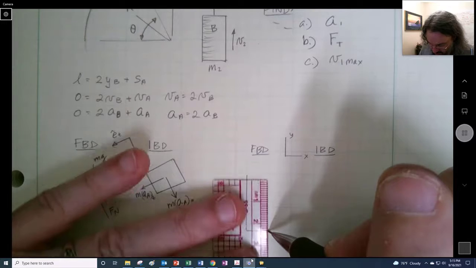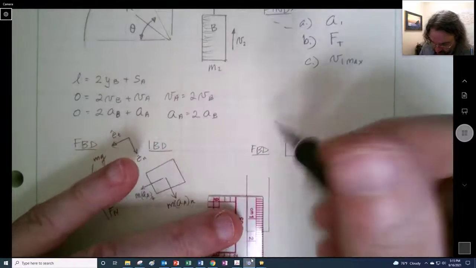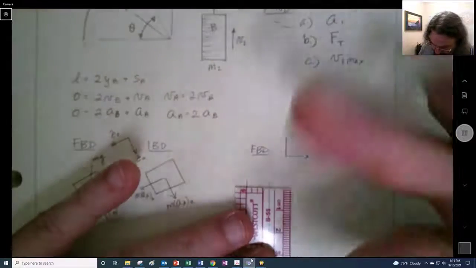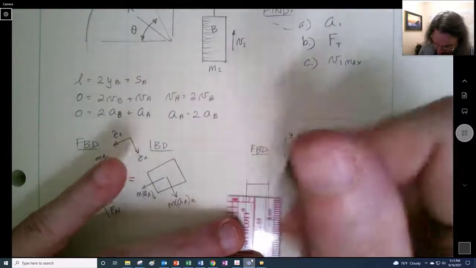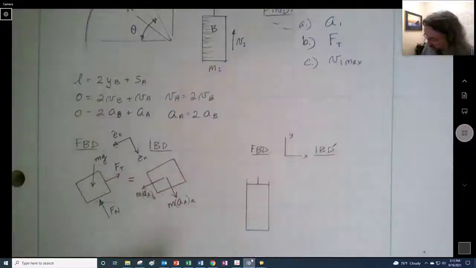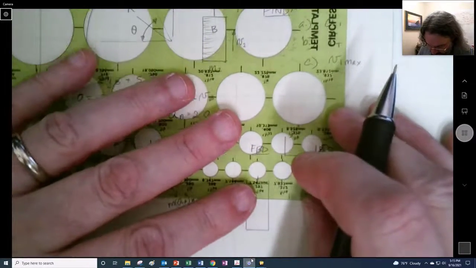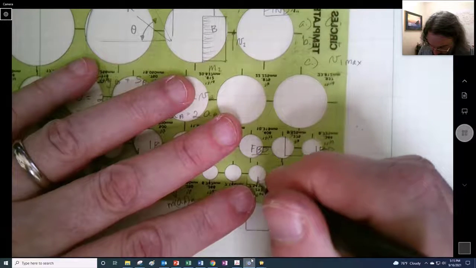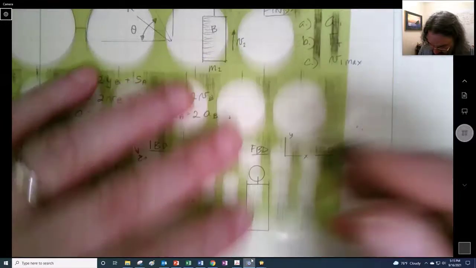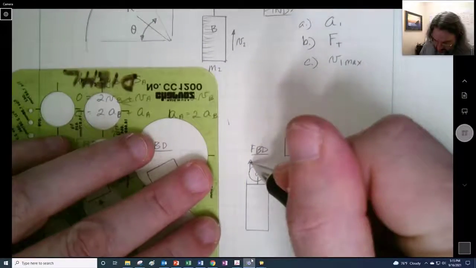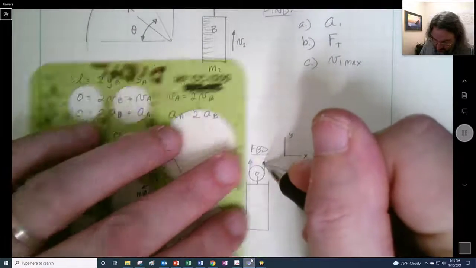And quite a trick to often do, let me see, I'll make this smaller here, is to include the pulley right there. So I'm going to draw it kind of small. There you go.